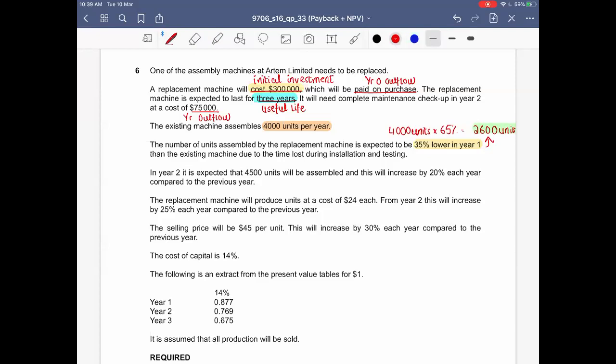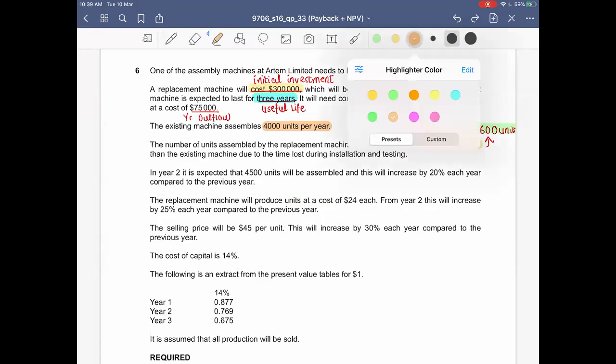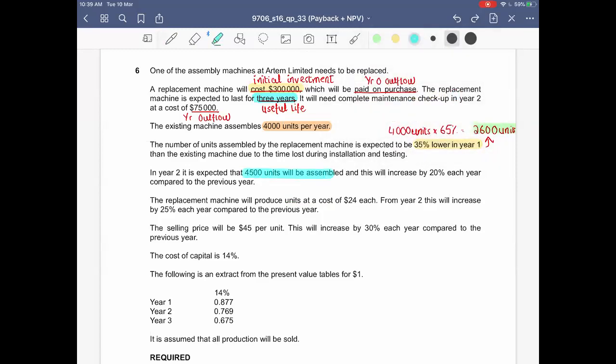Okay, I missed a paragraph. In year 2, it is expected that 4,500 units will be assembled, and this will increase by 20% each year compared to the previous year.